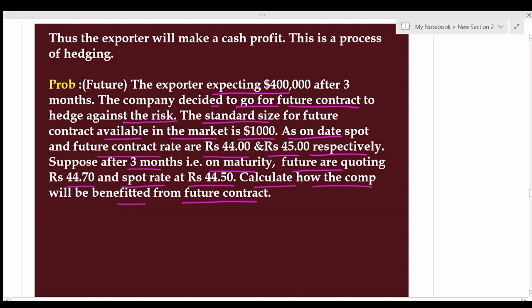Here you see, in both cases the exporter will be benefited. The spot rate here is rupees 44 and on maturity date the spot rate is 44.50.